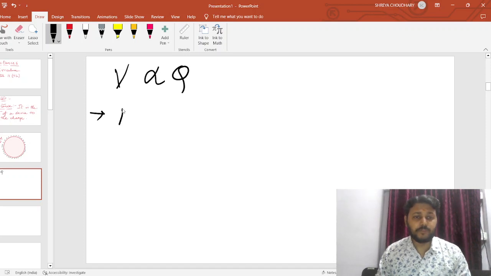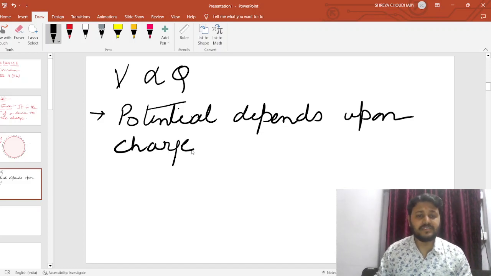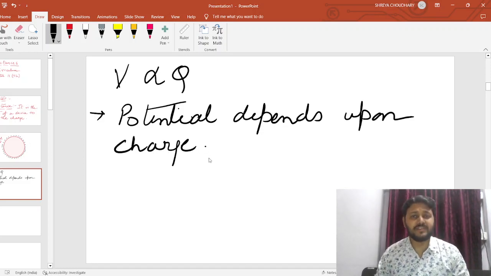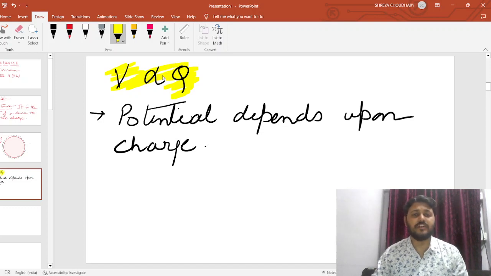This means that potential depends upon charge. Whenever we keep on increasing the charge on the conductor, the potential of the conductor will keep on increasing. Hence, V is directly proportional to Q, as I have highlighted.